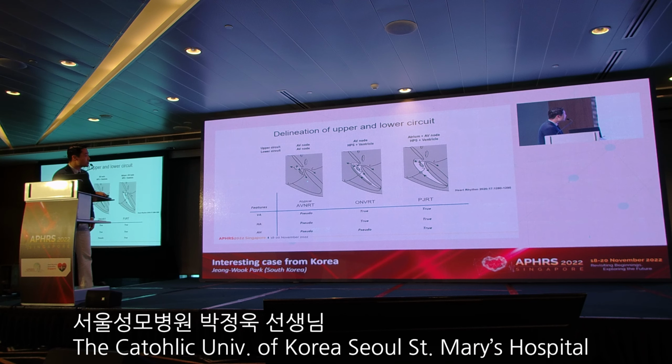Therefore, the atrium and ventricle are not needed for reentry, so the VA, HA, and AH levels during tachycardia reflect pseudo-intervals. In contrast, in ONVRT, the ventricular activation is mandatory, so the VA and HA levels reflect the true interval. Whereas in the case of PJRT, since both the atrium and ventricle are required for reentry, all of these intervals are true intervals.